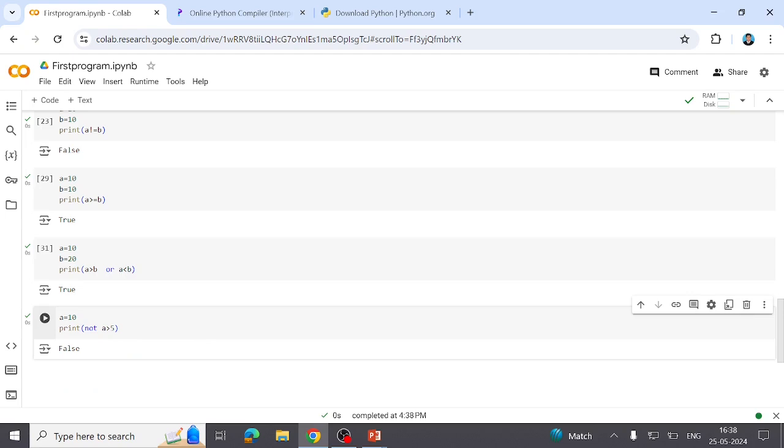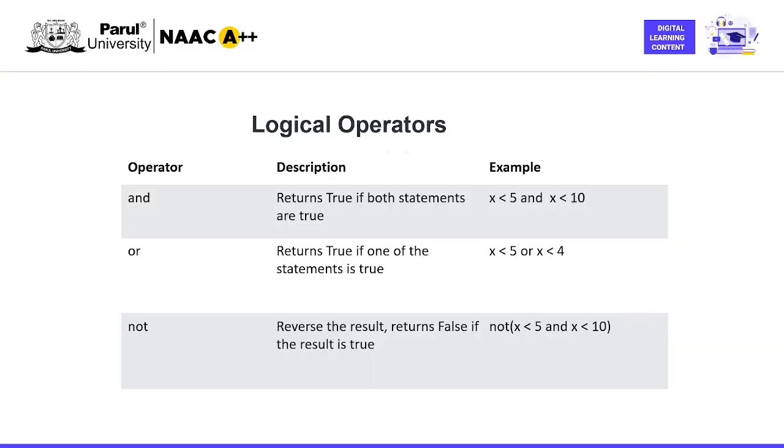So negation: and means both conditions are true, or means any one of them is true, and not means whatever the output of the condition, it just reverses the output. If the condition generates true it gives false, if the condition generates false it gives true. Understand?